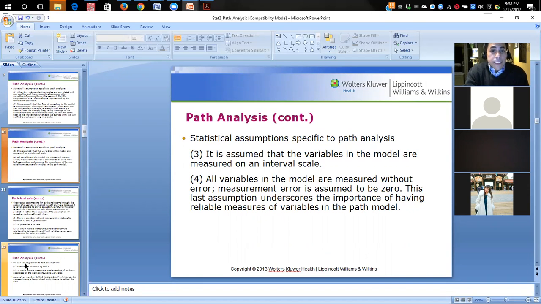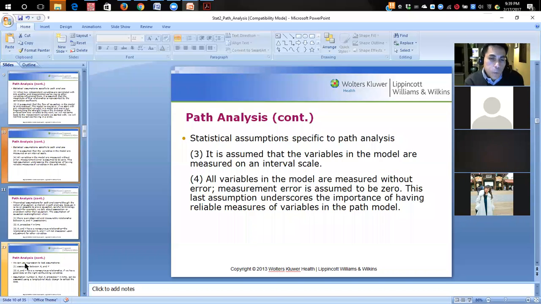The next assumption is number 4. All variables in the model are measured without error. So measurement error is assumed to be 0. And this last assumption underscores the importance of having reliable measures of variables in the path model. Now, think about this. What is it that would make us really, really meet this variable?